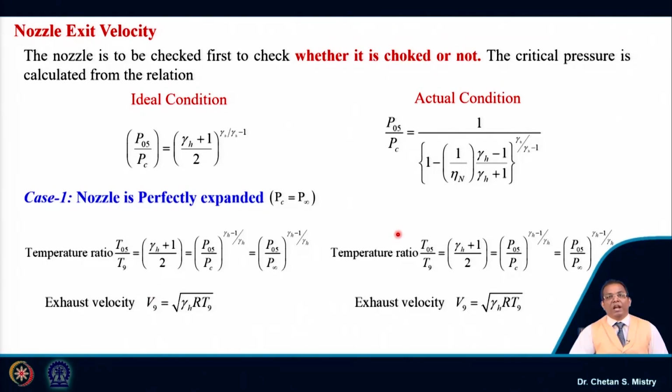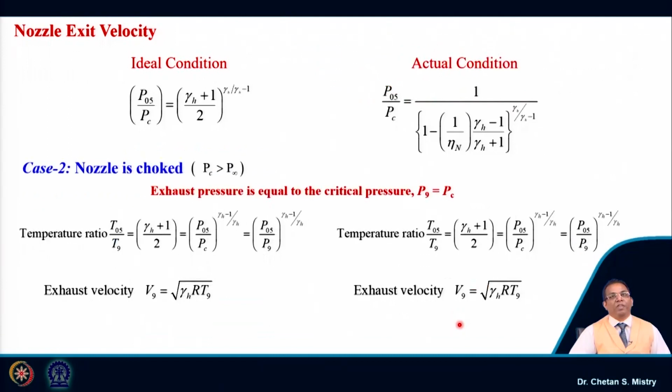In line with that, if we consider the actual condition, we need to incorporate the term called nozzle efficiency. We can then calculate our exit velocity. Now, let us try the next condition, when our critical pressure is higher than my atmospheric pressure. Under this condition we need to consider the exit pressure equal to my critical pressure.